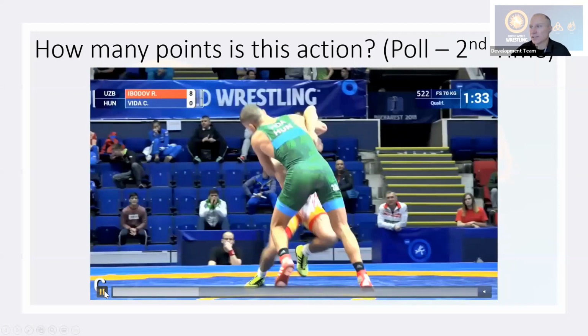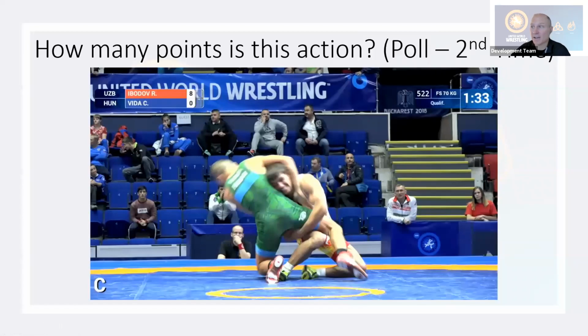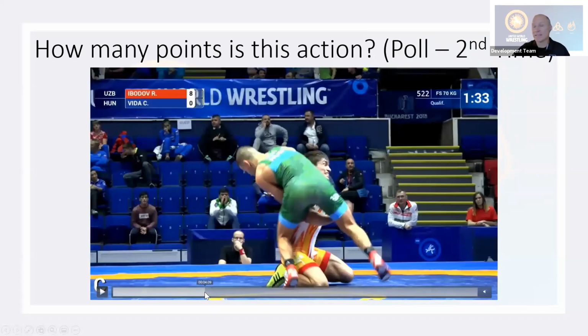Now when we look at this, when blue starts his action, red's knee is on the mat. Because red's knee is on the mat, red is now considered in the par terre position. Again, we're looking at it from the defensive wrestler's position, not the offensive wrestler. Yes, blue was in the standing position when blue made this action, but blue is not who we're looking at in this situation.